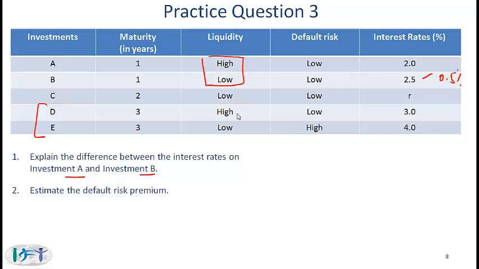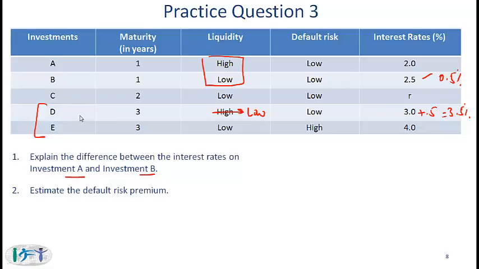Let's say that D for some reason goes from high liquidity to low liquidity. Will that change the interest rate? The answer is yes. If the liquidity becomes low, then investors will require a higher return. And we've already determined that the liquidity premium is 0.5%. So we add 0.5% and we have 3.5% as our return.